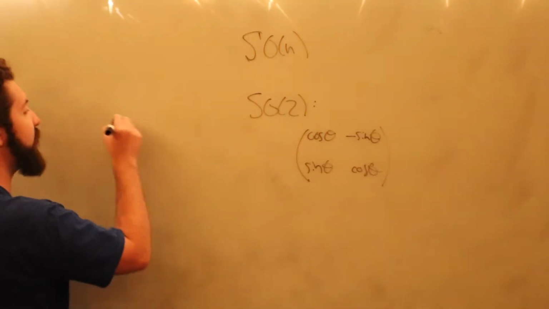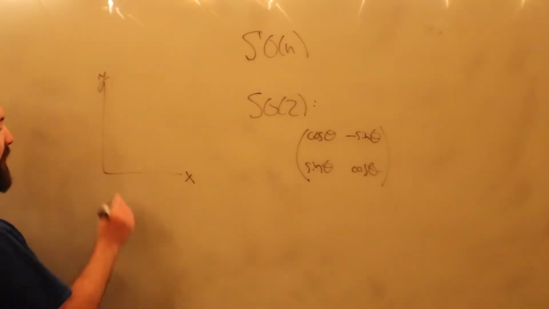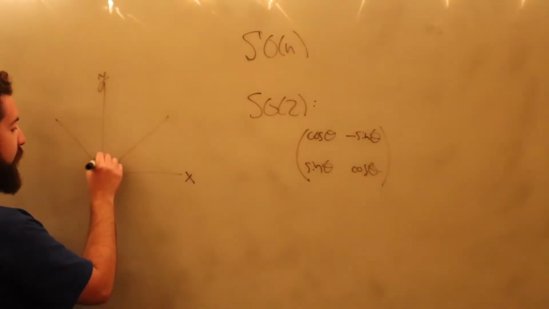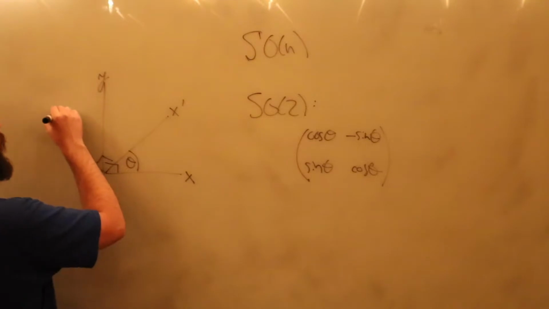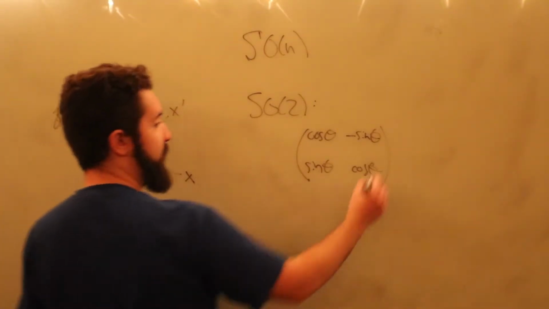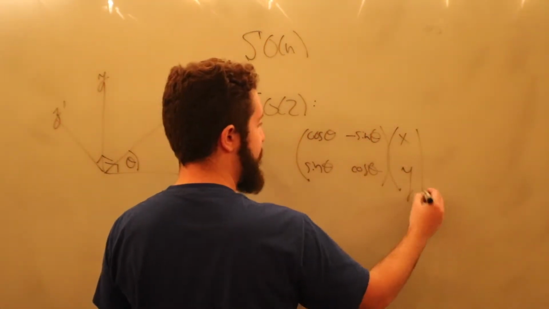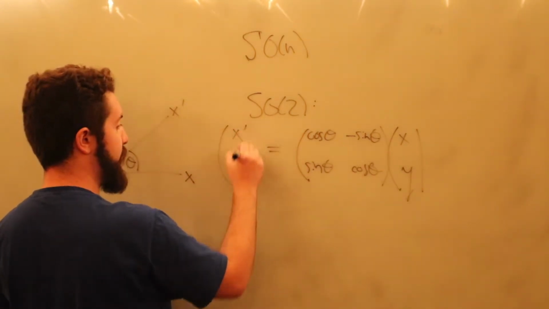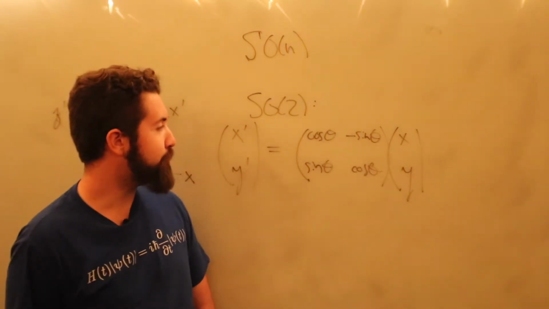What does this mean geometrically? This means if you had your x-axis and your y-axis, and you want to rotate these 2 axes by an angle theta, let's call this x prime and y prime, then what you would do is take this matrix and multiply it by the vector xy using matrix multiplication, and that will give you your new positions in your new coordinate system.